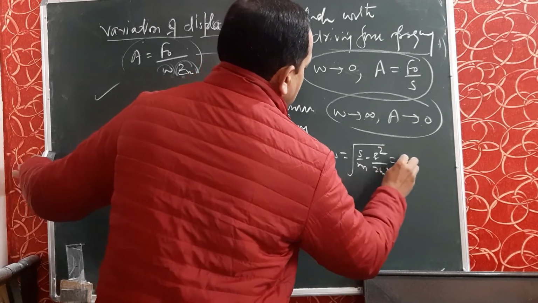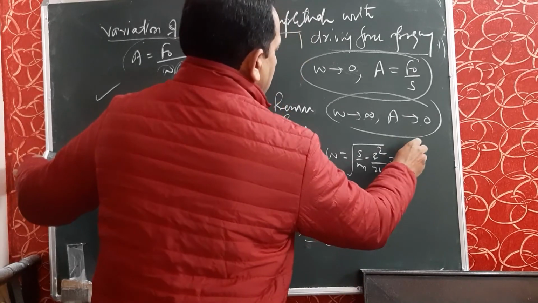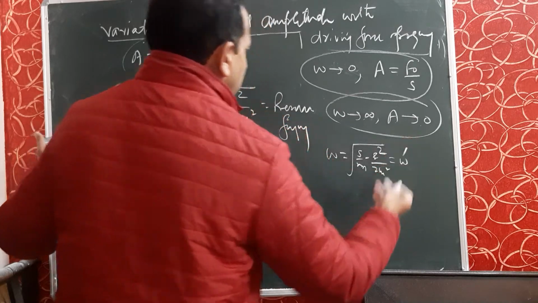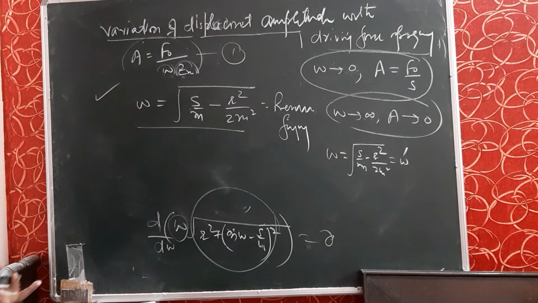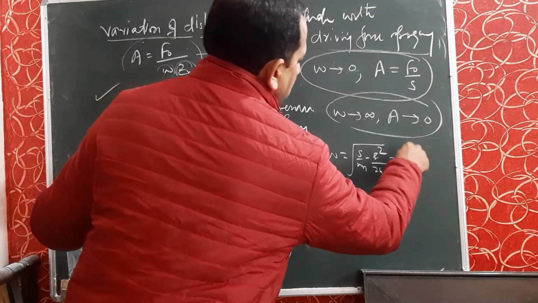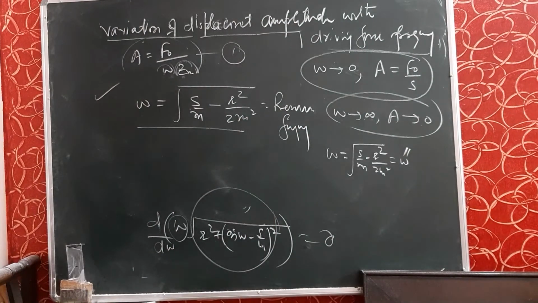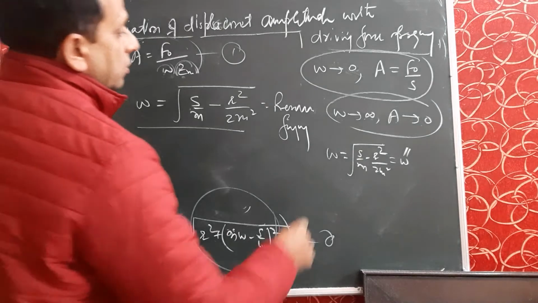I will not call it omega dash, it's omega double dash, because we have used omega dash as the frequency of the damped oscillator. So it is omega double dash.